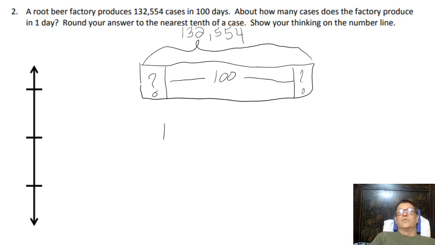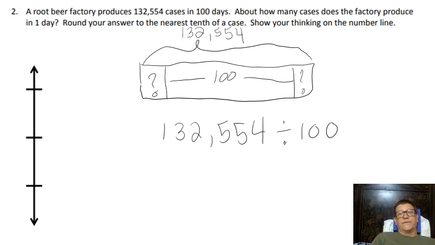So if we look at this, 132,554, and we're dividing by 100. Oh, this comes back to some of the stuff we've done previously. Now I know 100 is actually 10 times 10. So this decimal place, which is at the end of a whole number, is going to move 2 place values. By dividing by a whole number, I know it's going to get smaller.